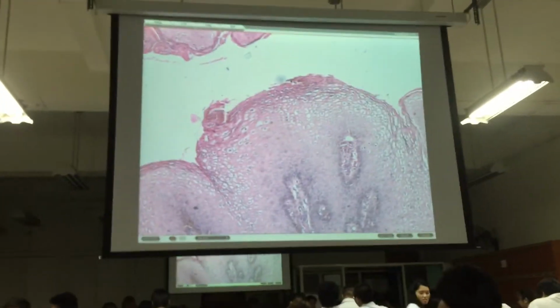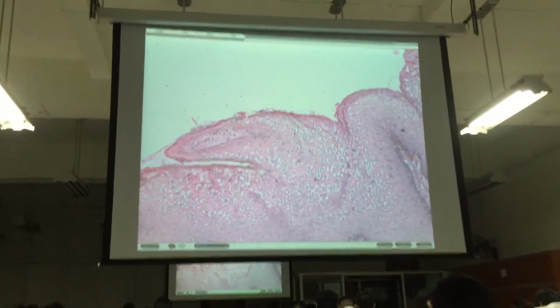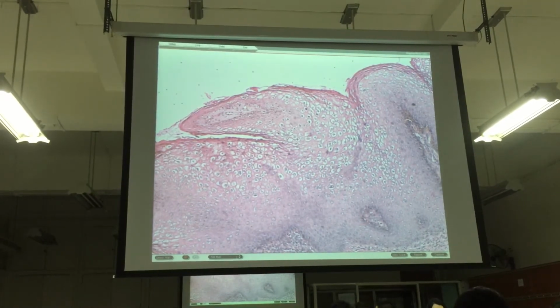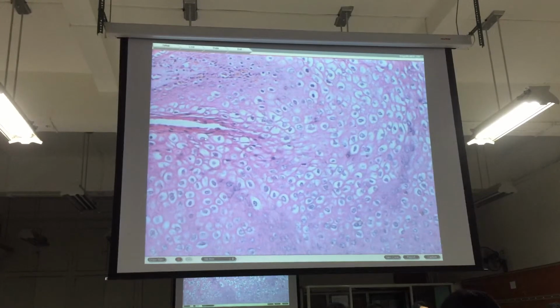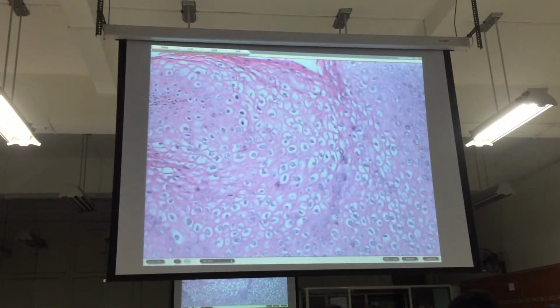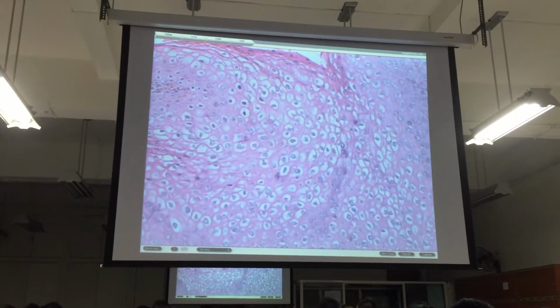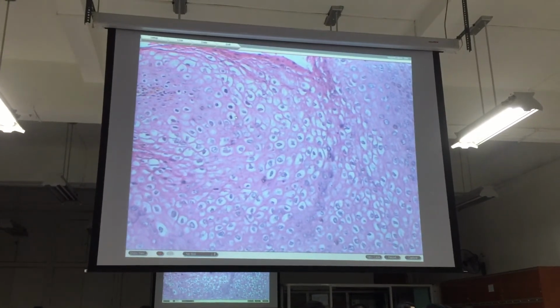And if you look at the surface of the stratified squamous epithelium, what are these cells? Okay, these are your typical koilocytes, okay?